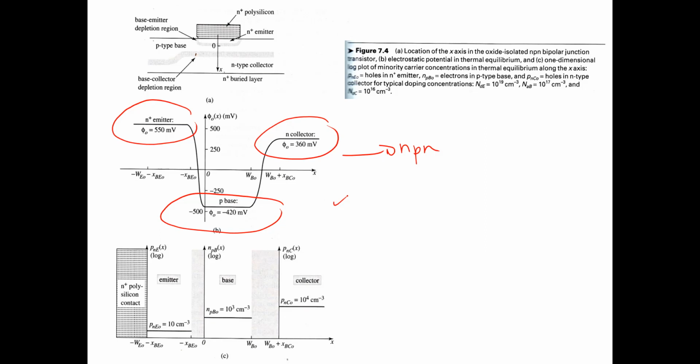So if we want to deliver a high current from the collector to the emitter, we have to open the gate, we have to open the base more. If we want to deliver a small current from the collector to the emitter, we decrease the gate in the base. So this is the basic working principle of the bipolar junction transistor.